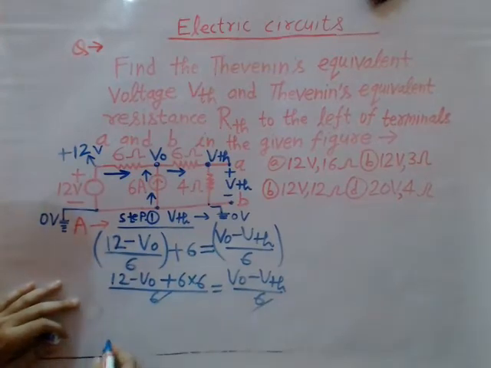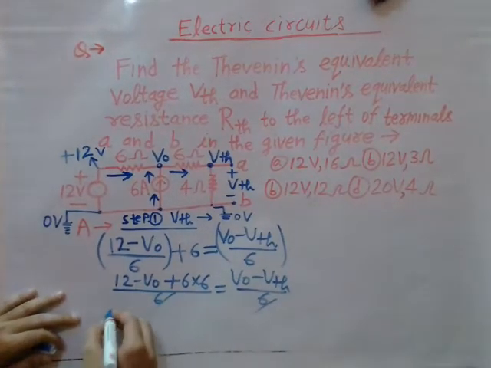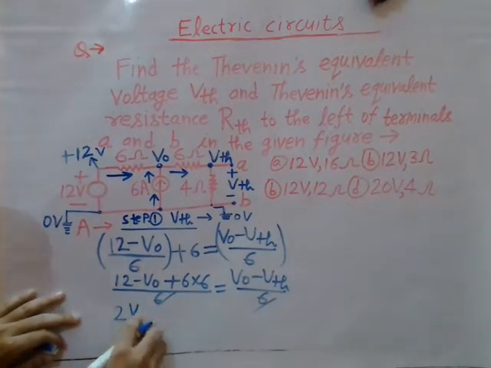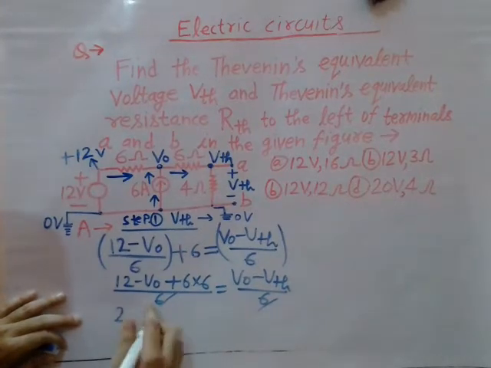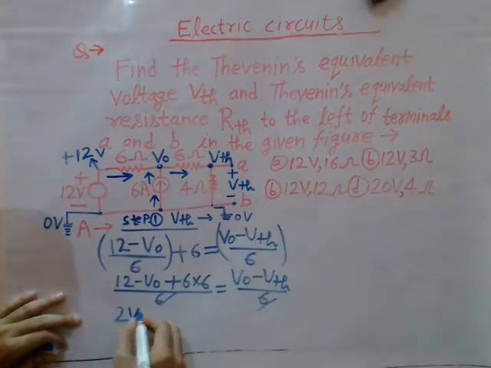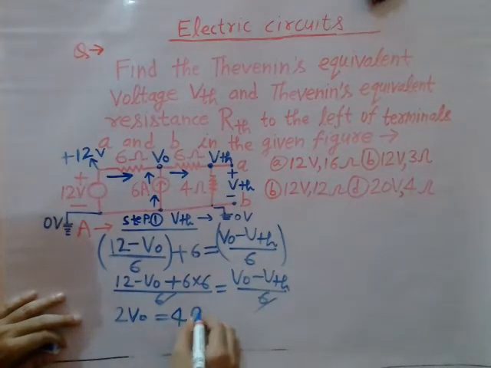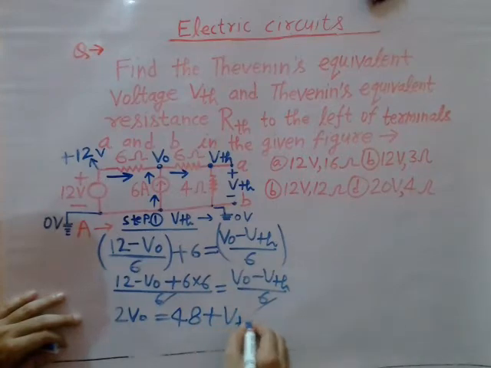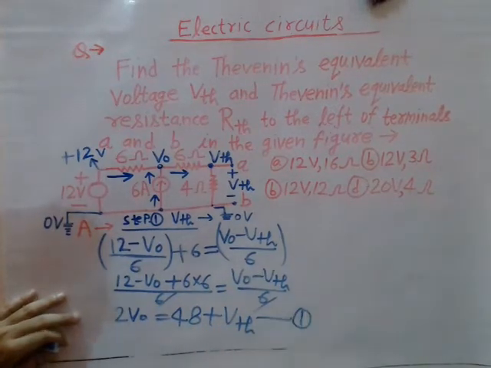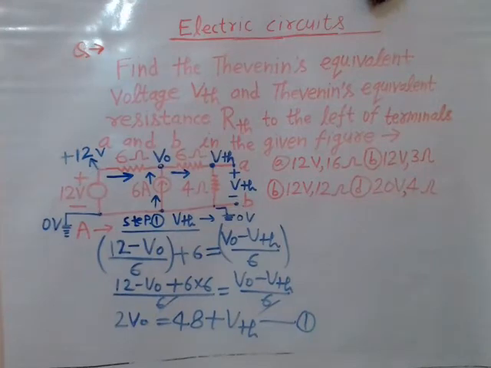So when you solve this further, you will get 2 V naught equal to 48 plus VTH. So this is suppose equation number 1, right? 2 V naught equal to 48 plus VTH, right?